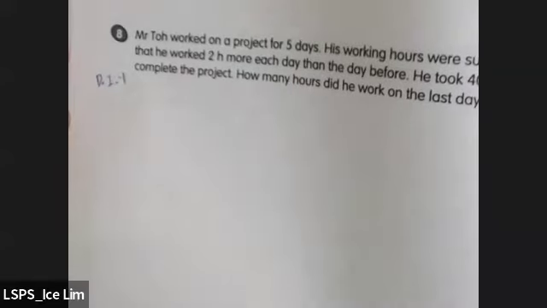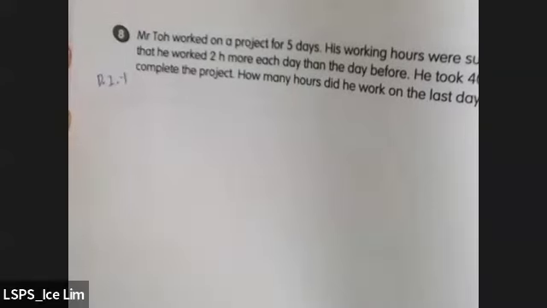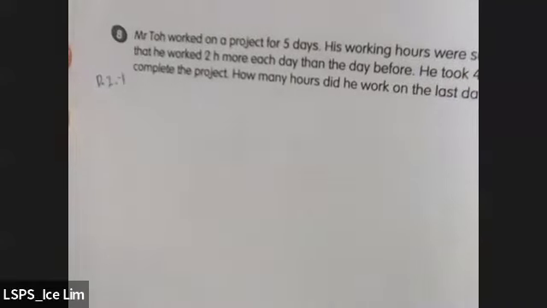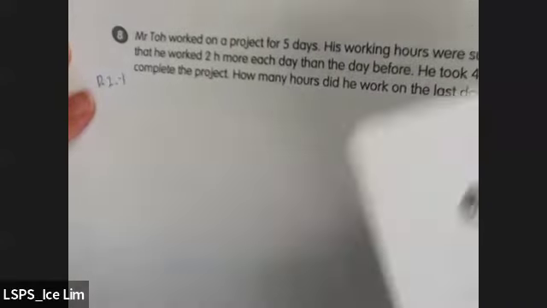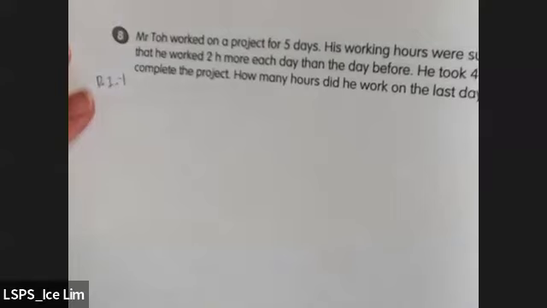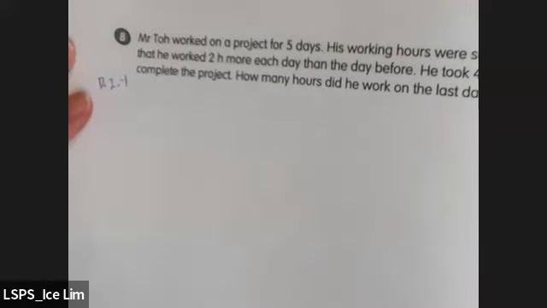Yes, do the whole worksheet. Is tomorrow too tight? How about over the weekend? Some of you already finished.